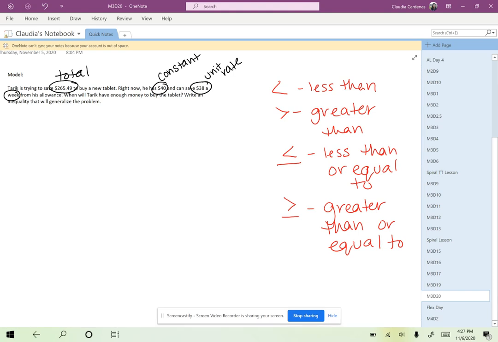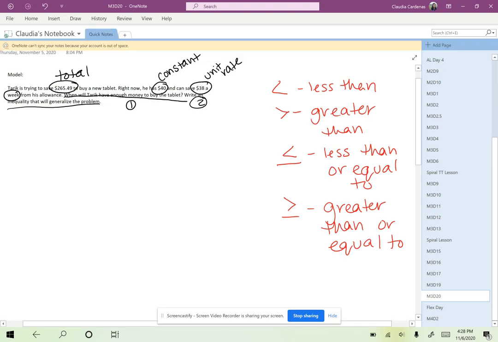So I'm labeling that as our constant and our rate of change because the $40 is what he starts out with, and then it's changing $38 a week. Well, now that we have that, we're going to put the parts together to see when will Tariq have enough money to buy the tablet. That's part one. And then part two is to write an inequality that will generalize the problem.